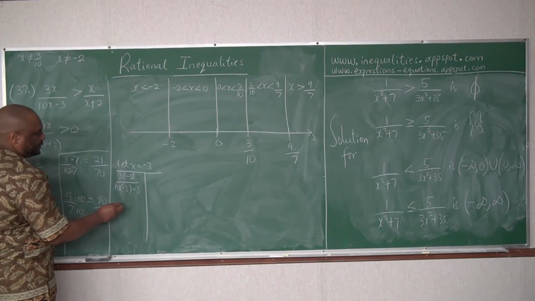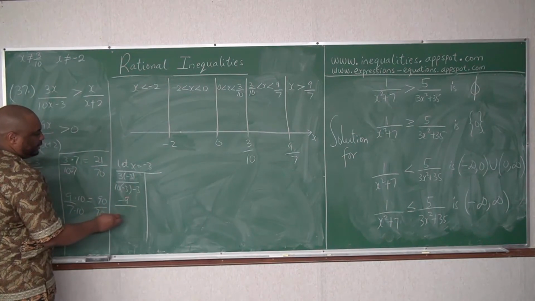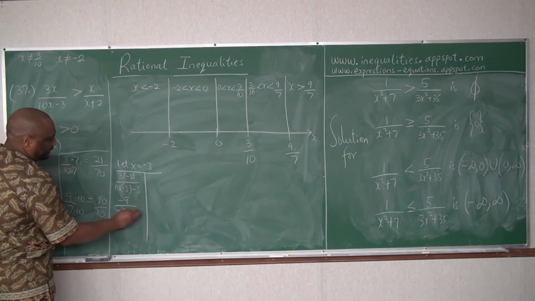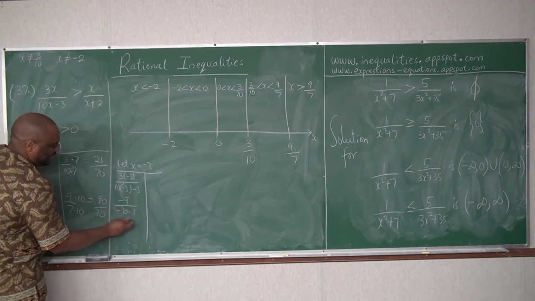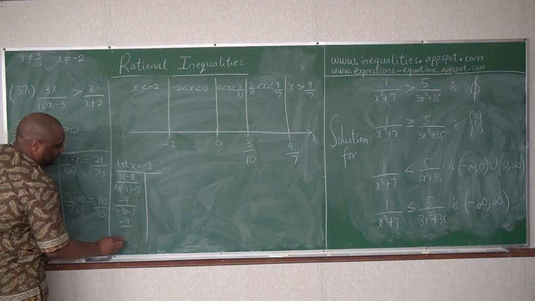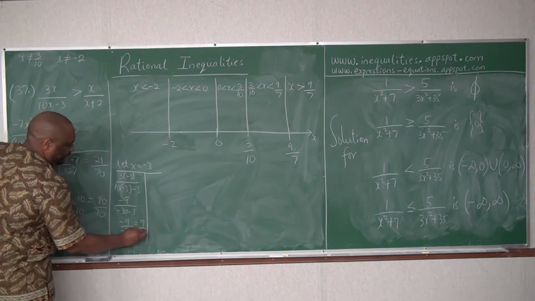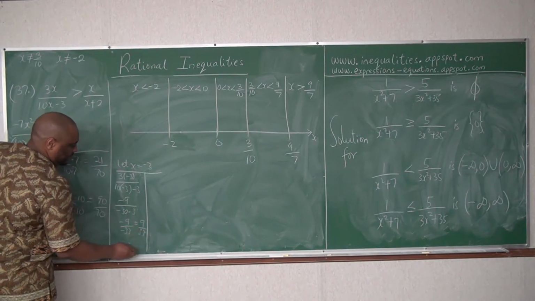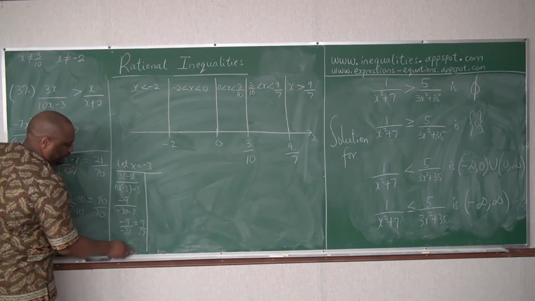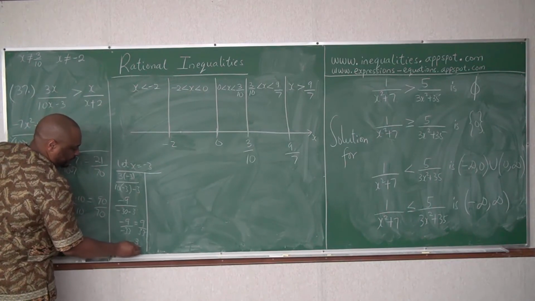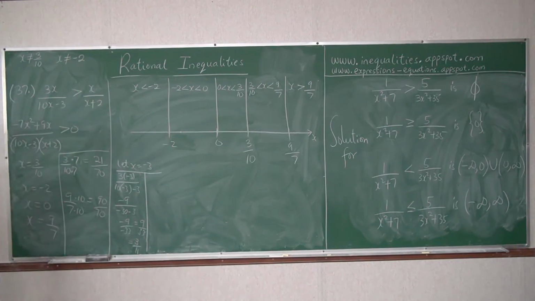So this gives us negative 9 over negative 30 minus 3, and that is negative 9 over negative 33, which is 9 over 33, which is 3 over 11.